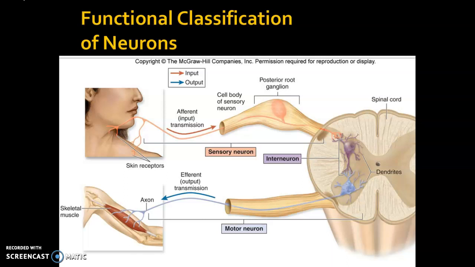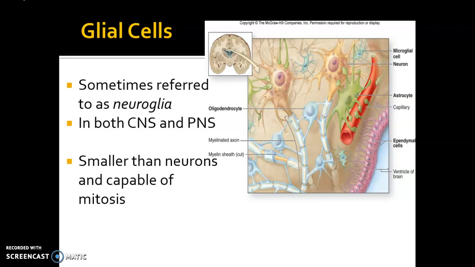The cell bodies of the motor neurons lie within the central nervous system, as we see here. And the cell bodies of the sensory neuron lie within the ganglion. These are the interneurons and the cell bodies of the motor neurons. All right, so we are done with the neurons. Let's move on to the glial cells.